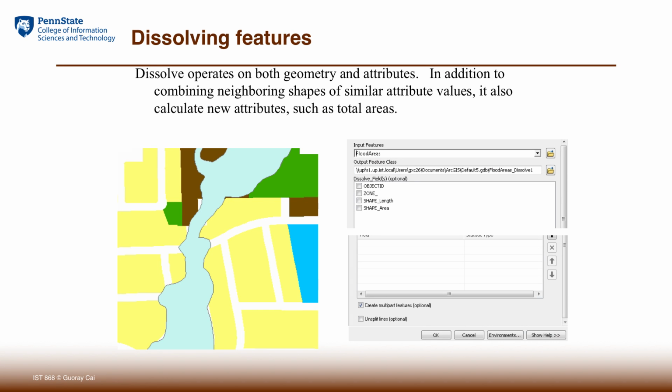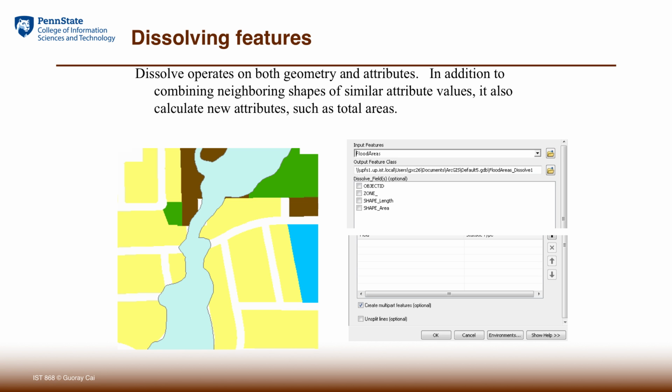The dissolve operation looks at each of the features, mostly polygon features, and then looks for other features surrounding it. If you find other surrounding features that also have a similar condition, the system will merge them. So what is the condition?